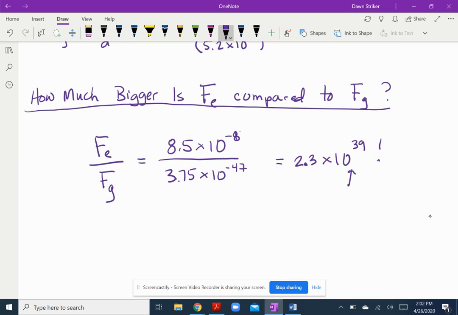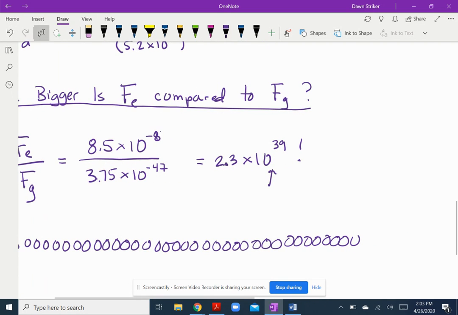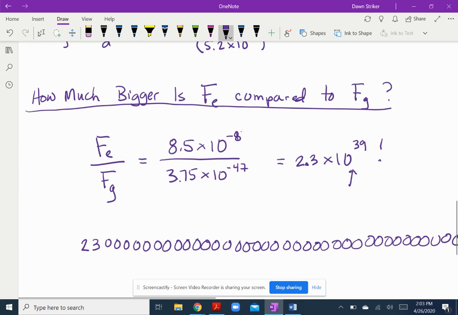That's 2.3 times 10 to the 39. That's how much bigger the electrostatic force is compared with the force of gravity.